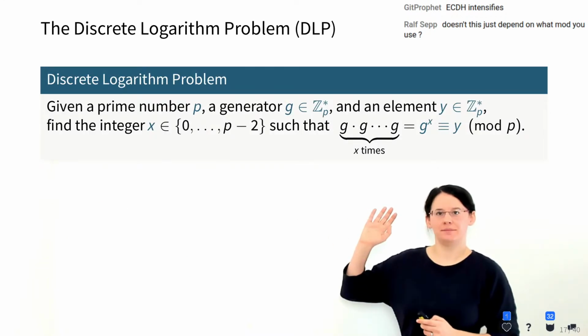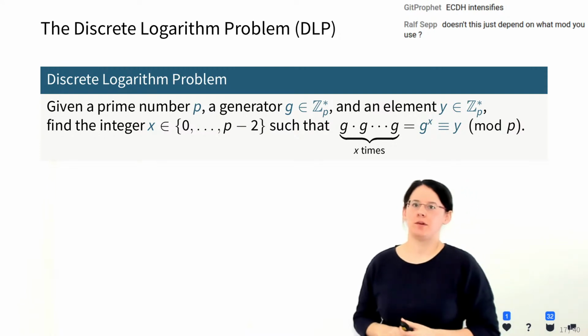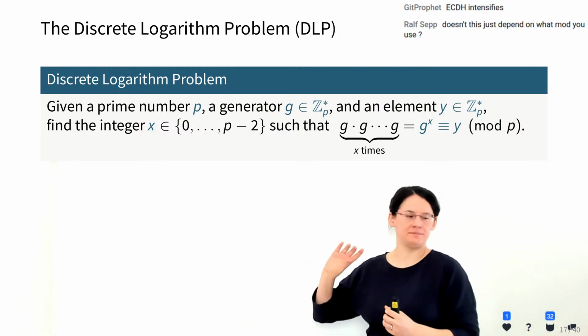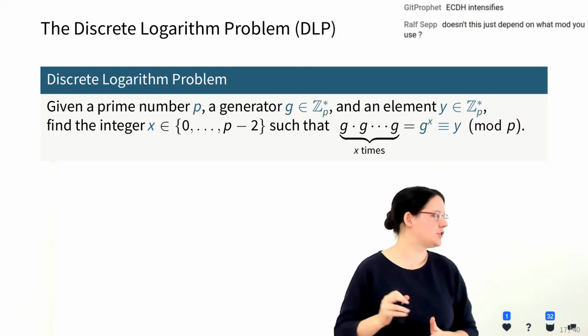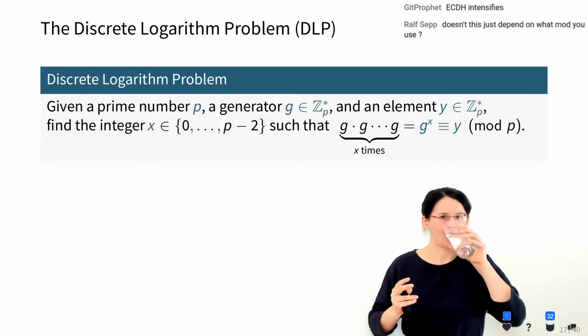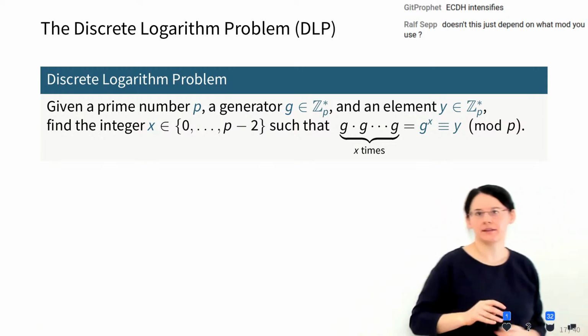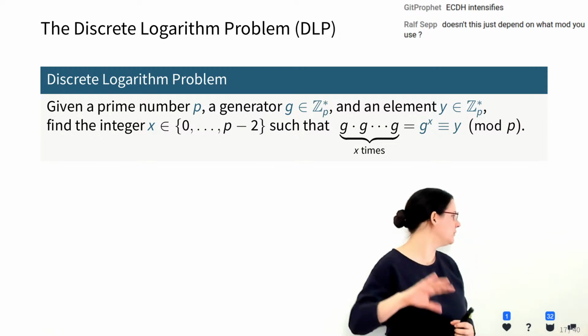Okay, so we were speaking about the discrete logarithm problem. And this problem is the following. We have now seen that if we have a generator, we can generate all the other numbers as powers of it. And the discrete log problem now asks the inverse question.